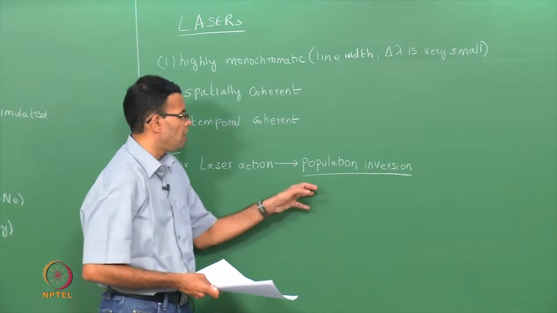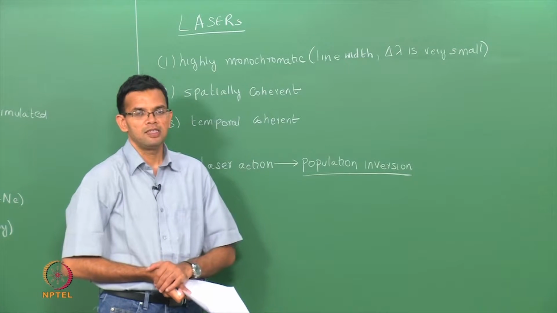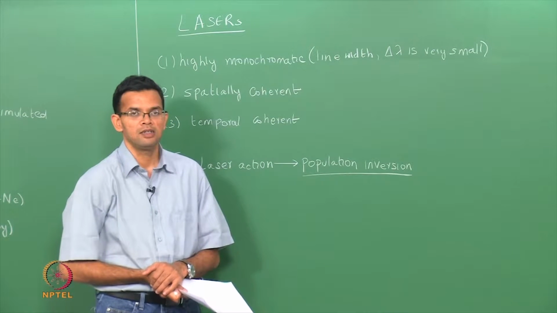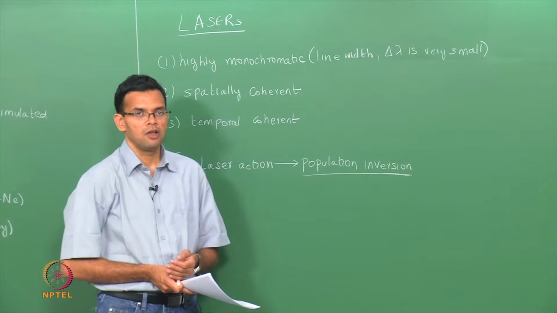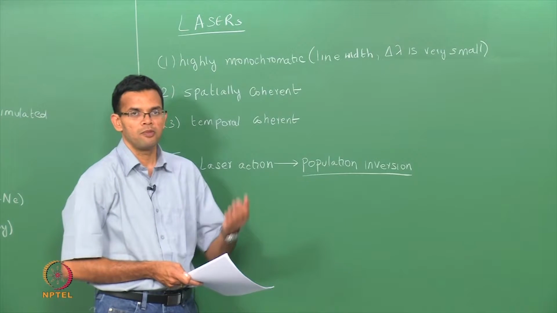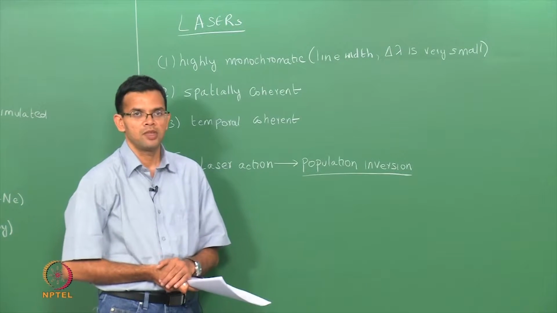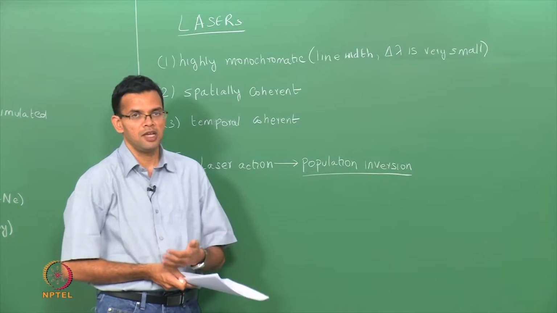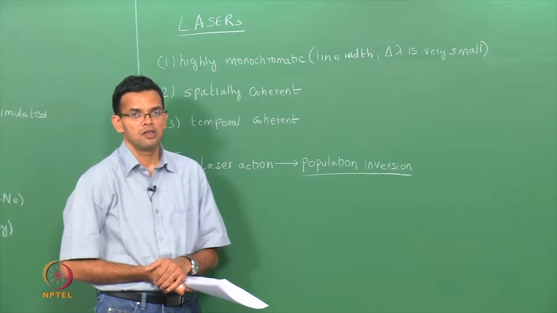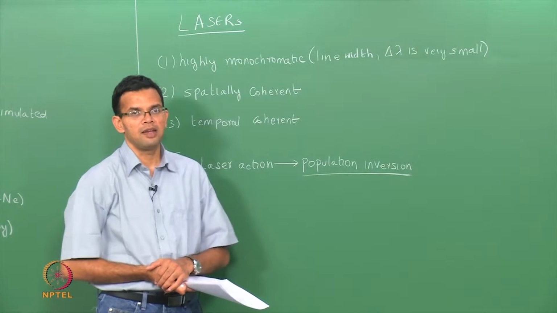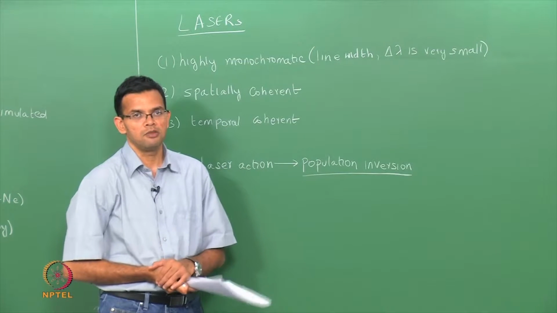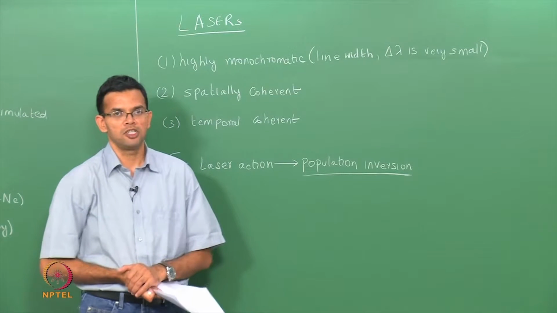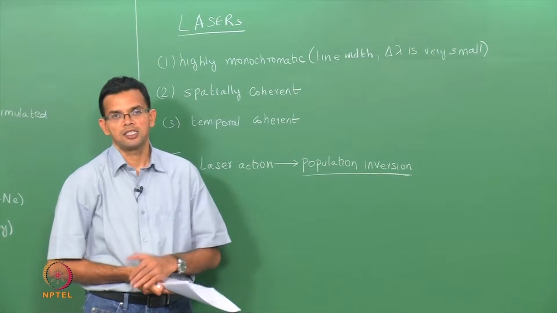When we achieve population inversion, an incident radiation strikes the material. This is the stimulated emission part. This incident radiation causes the particles to go from the excited state to the ground state, and when they do, they emit an output radiation which is in phase with the incident radiation. So this leads to stimulated emission and is responsible for the laser action. We need to create a population inversion in the system before laser action occurs.